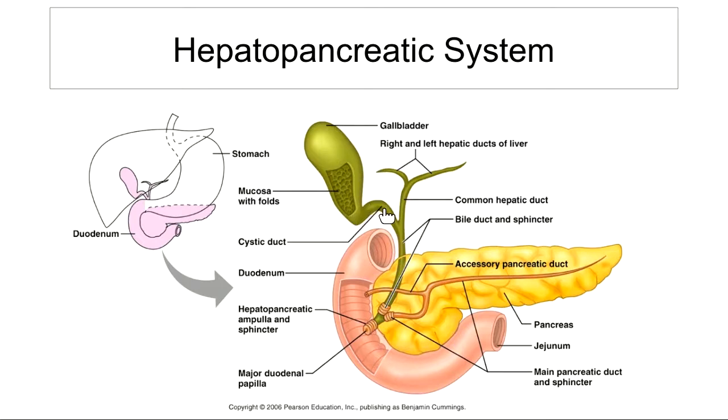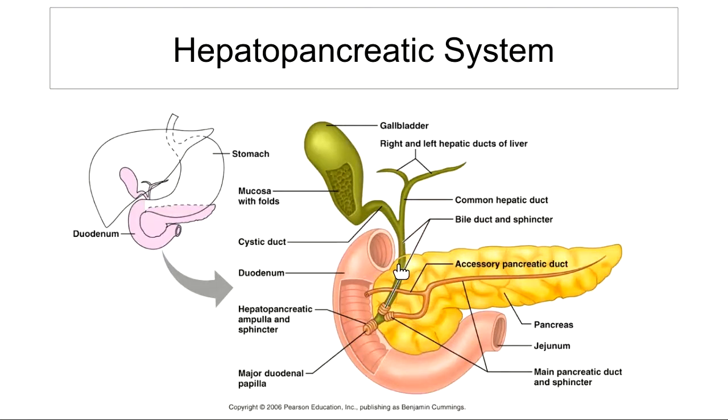So in your notes, the common hepatic duct and the cystic duct are going to join together. So the common hepatic duct and the cystic duct join together to form the common bile duct. That should be common bile duct, C-O-M-M-O-N, bile duct.